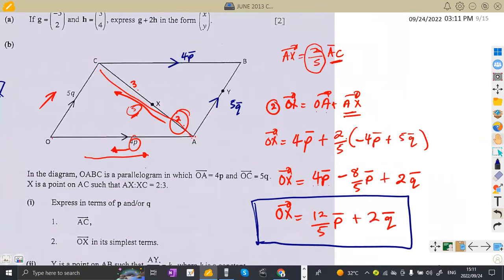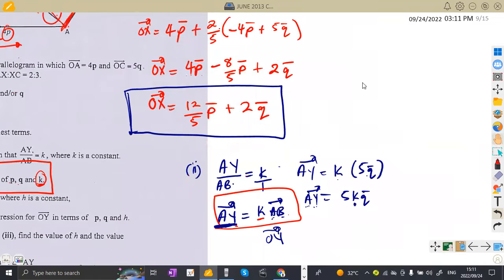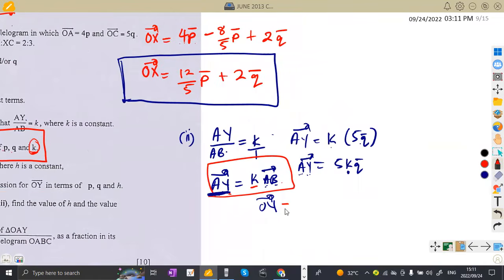From point O to point Y, we are going to take this from O to A, then A to Y. As you can see, vector AY is now included. So it's OA plus AY.